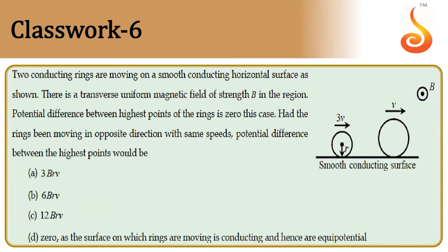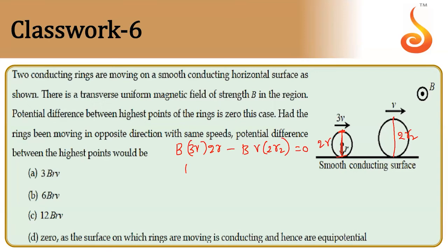Here you can replace these rings by rods. The length of this rod is 2r. The length of this rod we don't know, say the radius is r2. Now using the BVL formula, the difference of BVL minus BVL will be 0 initially.